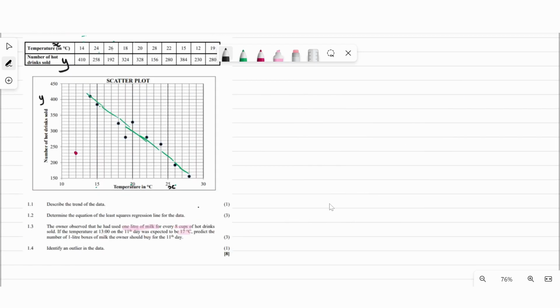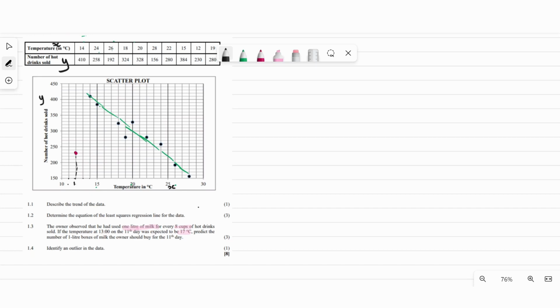Then the last question for question 1 says identify the outlier. Already when we started, we did identify the outlier. What did we see? The outlier is the one that's standing here. So going down, we need to check what is here. This is 10, right? We need to check how many until we get to 5: 1, 2, 3, 4, 5. So this is the same as 11, 12.